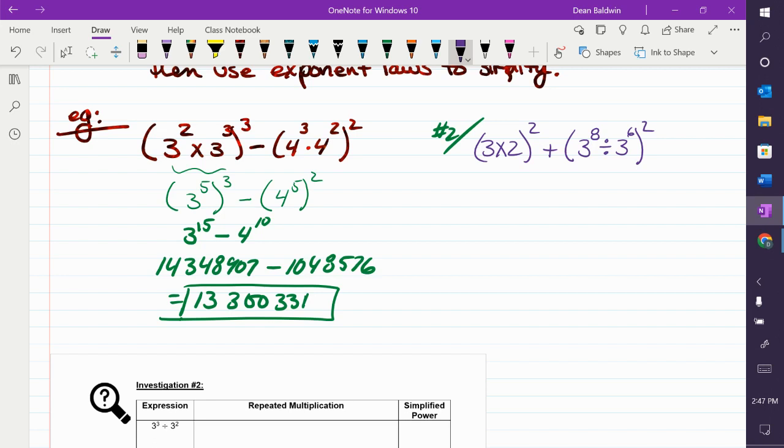What's 3 times 2? 6. So I get 6 squared plus. Now, second bracket, bases are the same. So we have to use exponent laws. If you are dividing, what are you doing with the exponents? Subtracting. So what does the second set of brackets become? 3 to the power of 2, all raised to the power of 2.